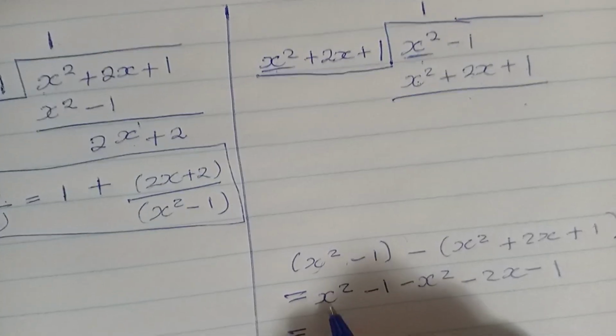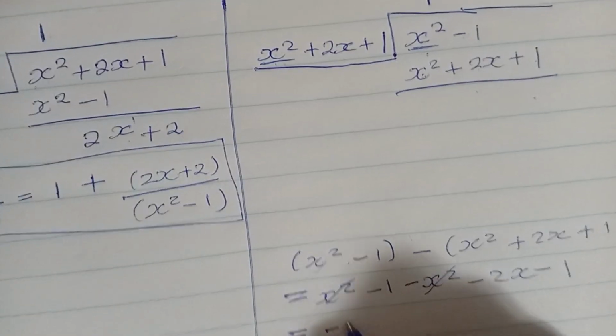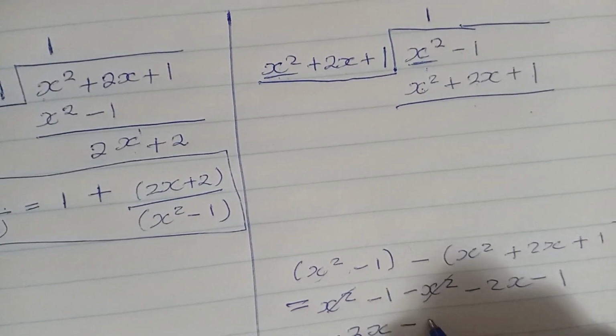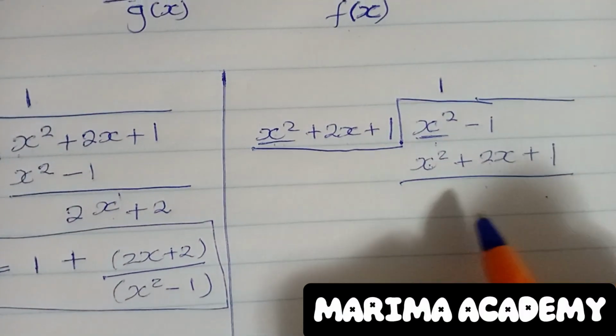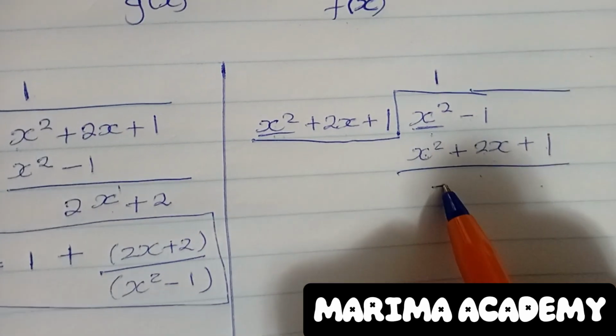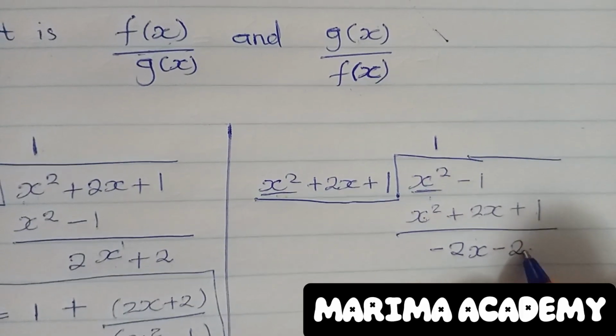This cancels that, and we're going to have negative 2x minus 2. So our resultant answer here is minus 2x minus 2.